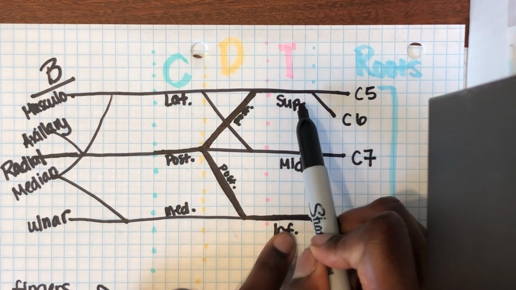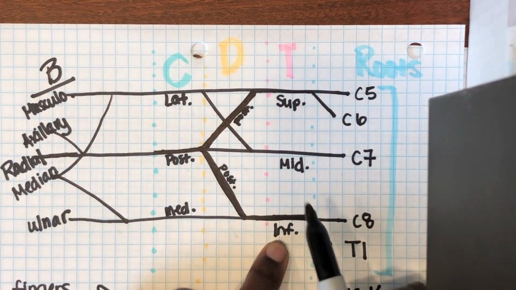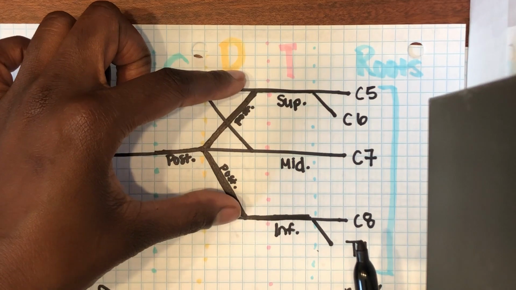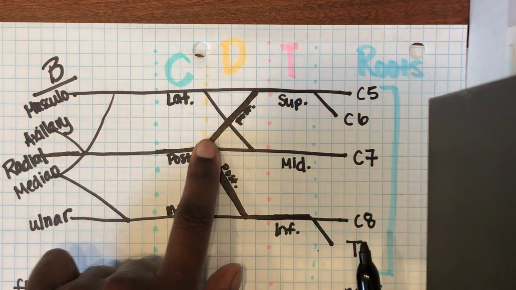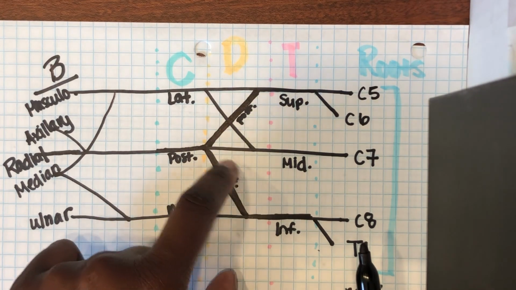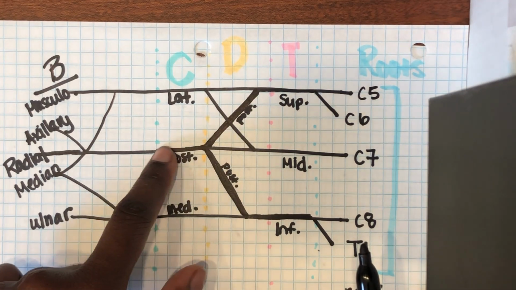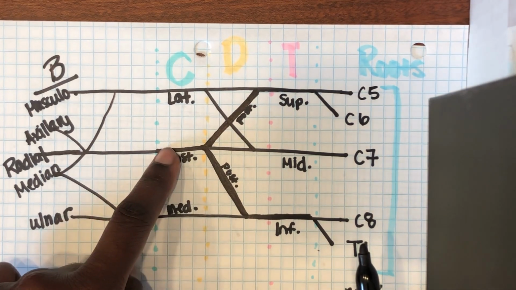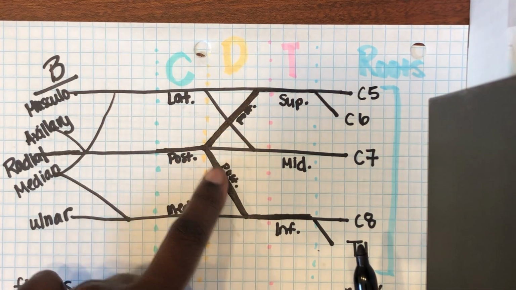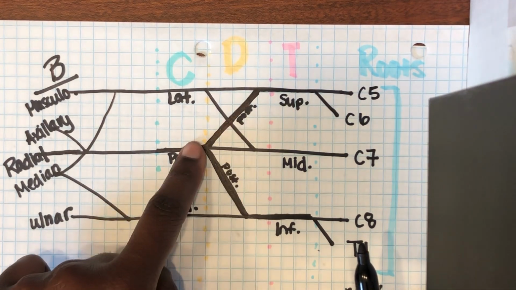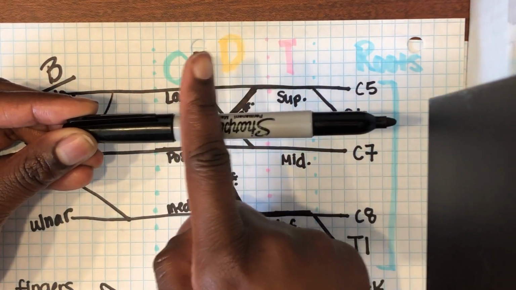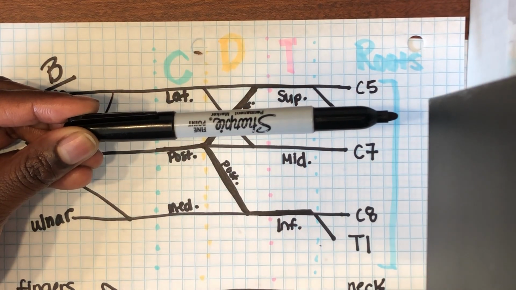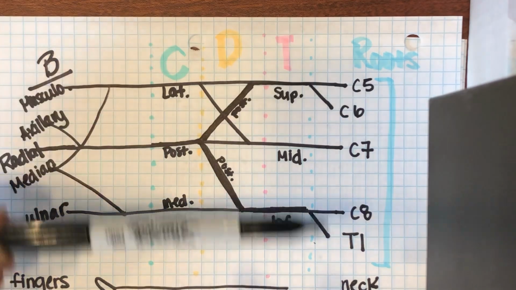So our superior and our inferior trunks are going to travel down the extent of our arm. They're going to branch off into posterior divisions, and they're going to form this posterior cord. These divisions are called posterior divisions because they would be behind our artery that would lie right here, okay?